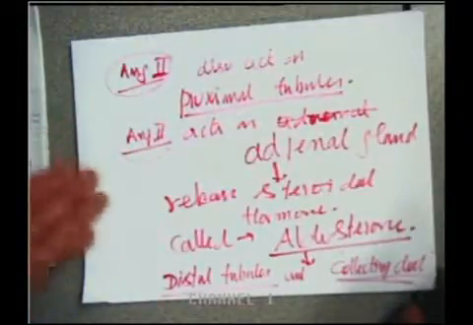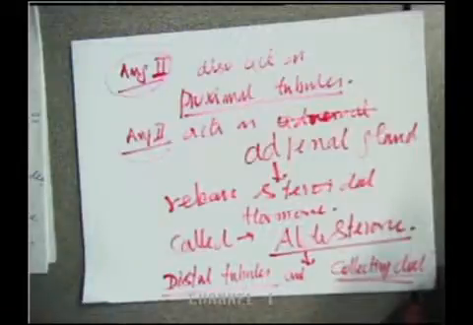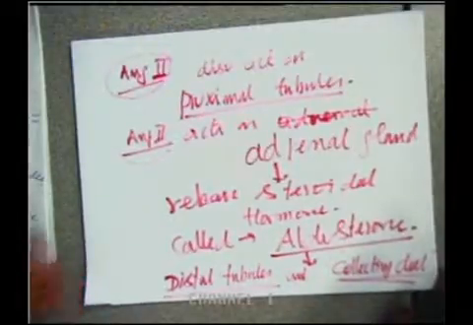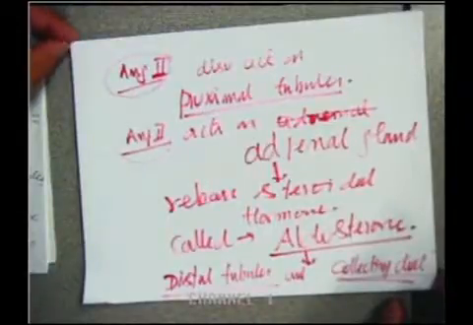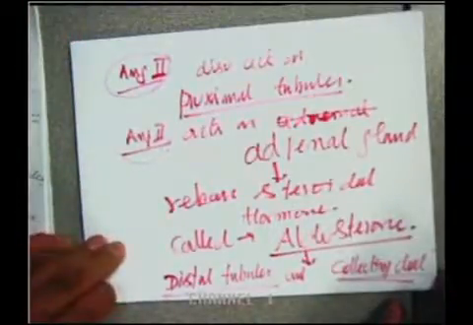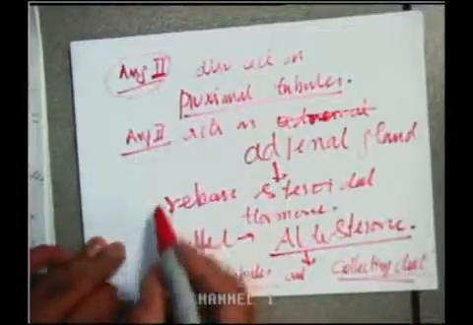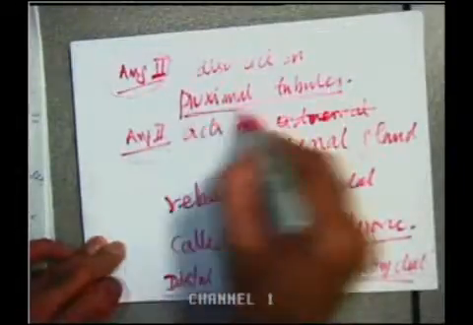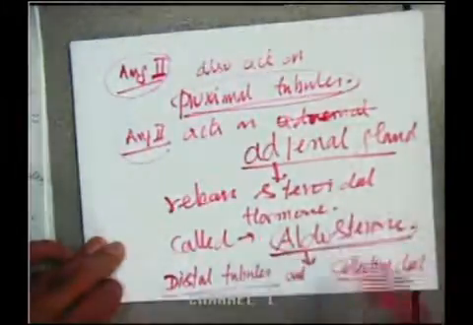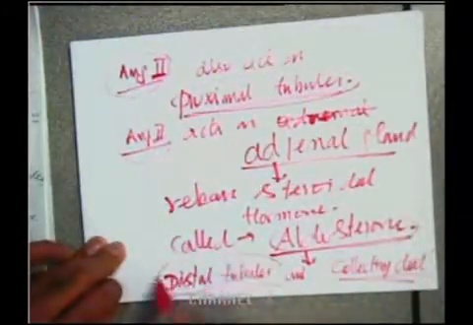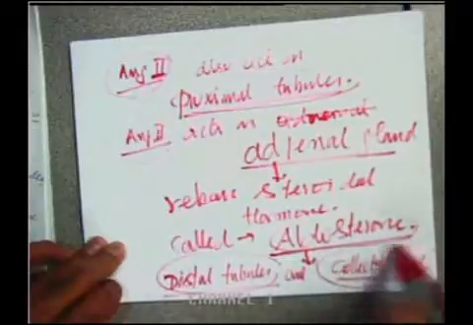So the synthesis will occur when there is a decline in blood pressure. Then angiotensin 2 acts on proximal tubules, and it also acts on adrenal glands to synthesize aldosterone hormone, and this aldosterone will act on distal tubules and collecting duct.